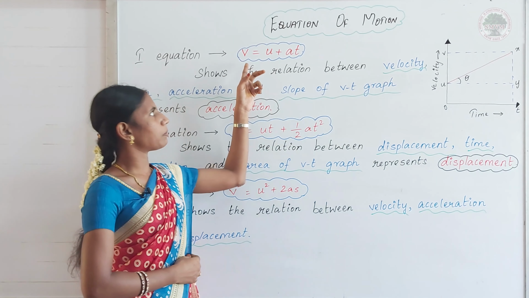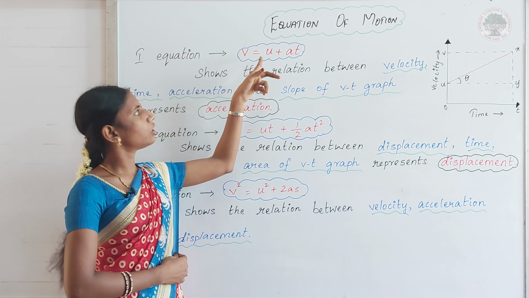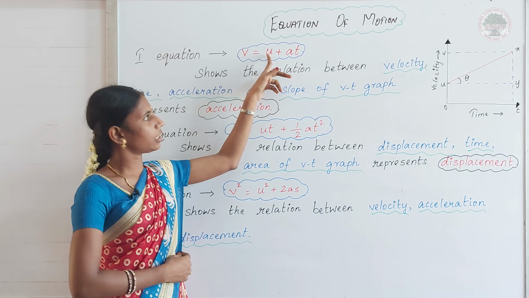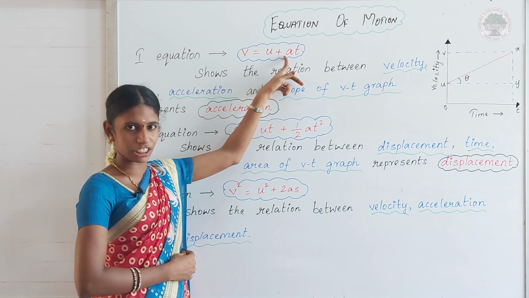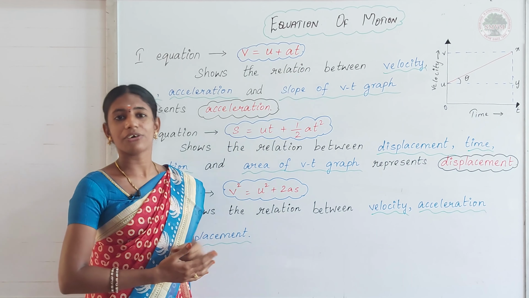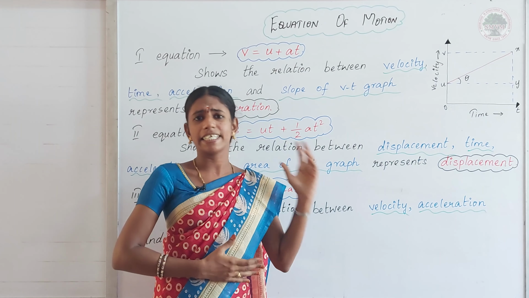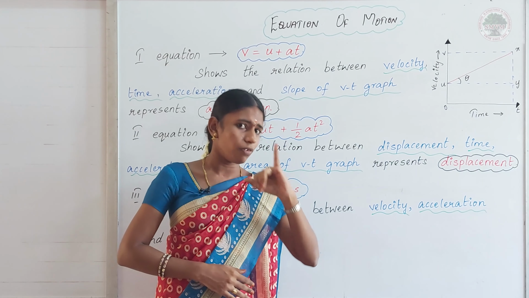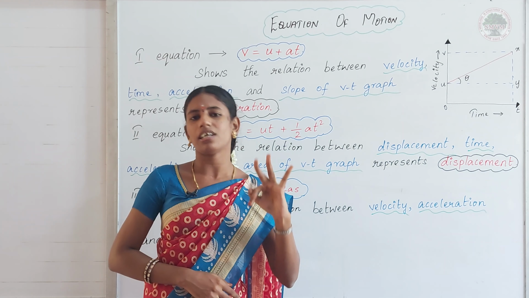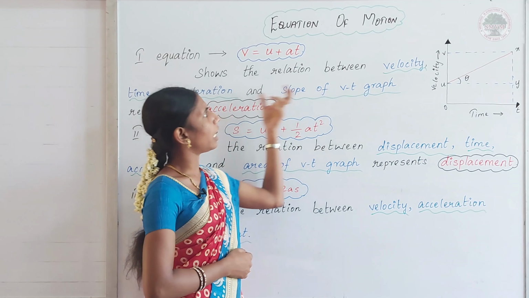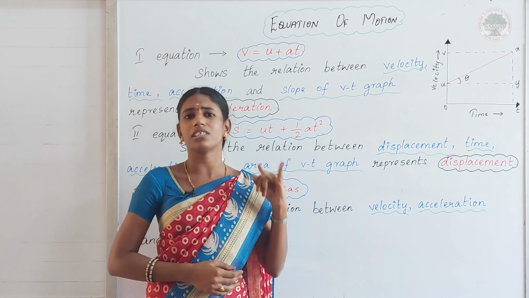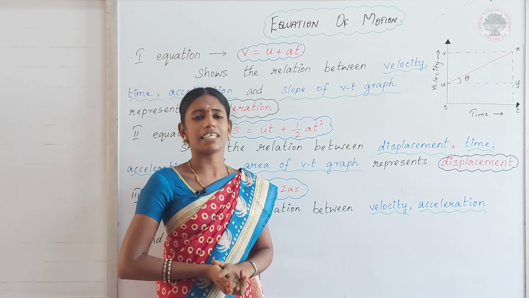Here v represents the final velocity, u represents initial velocity, a represents acceleration and t represents time. This first equation of motion gives the relationship between velocity, acceleration and time.